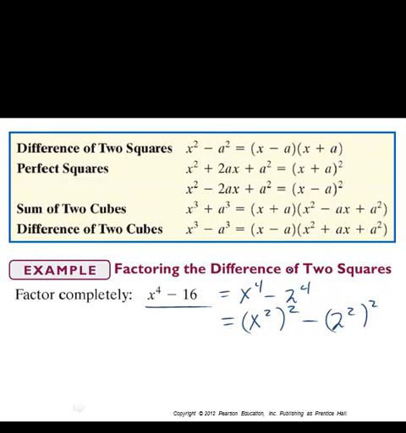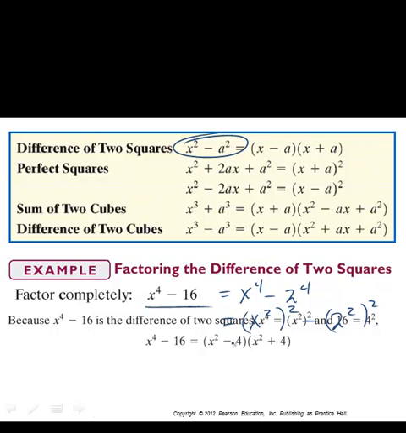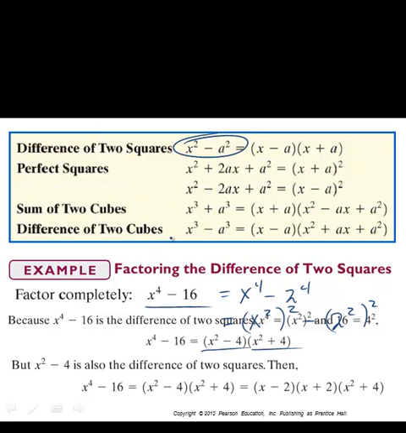Like that. Aha. And then we can use this form right up there. Okay, so then we'll have the factorization of the x squared minus 4 times x squared plus 4. Well, then the x squared minus 4 could be written as x minus 2 times x plus 2, which is another difference of 2 squares. So we'll have this complete factorization.